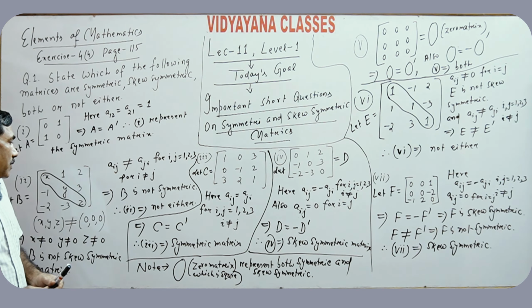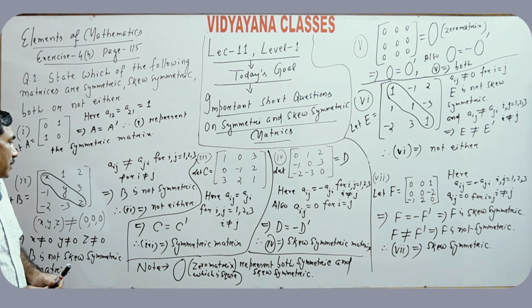Here, the given square matrix is a 0 matrix since all elements are 0. 0 matrix implies 0 is equal to 0 transpose, and 0 matrix is equal to negative of O dash, that is the transpose of the 0 matrix.